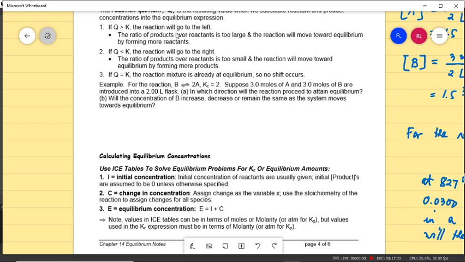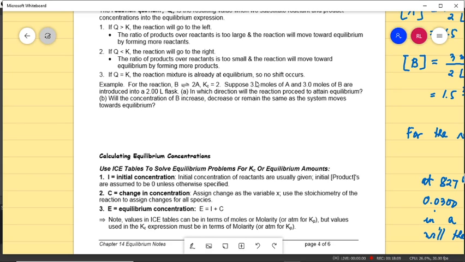That means the ratio of products over reactants is too large, and the reaction will move toward equilibrium by forming more reactants. So if you are going to compare the rates of the forward and reverse reaction, then we can say that the rate of the reverse reaction is greater compared to the rate of the forward reaction. So that is why reverse reaction is favored.